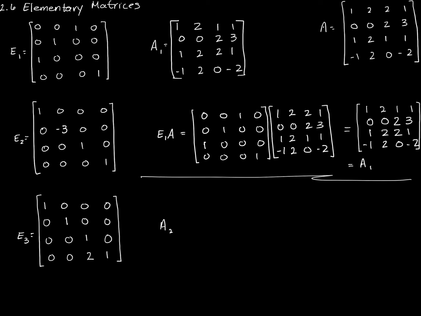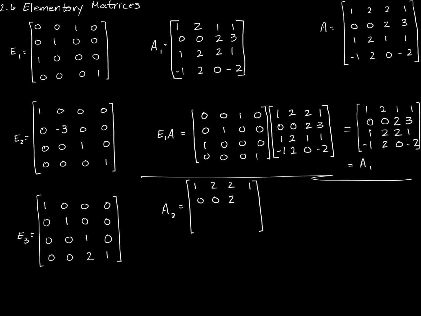I'm going to try to write a little bit smaller so I can get this all onto one screen. A sub 2, if we take as operation number 2 in this case to be multiply row 2 by -3, then A sub 2 should be 1, 2, 1. Nope, sorry, that's the wrong matrix. I'm copying from A1 instead of A itself.